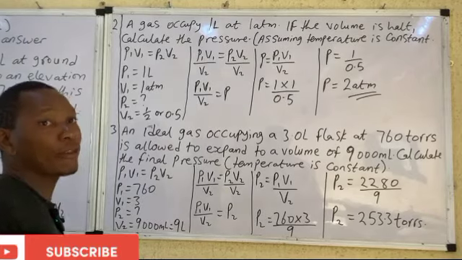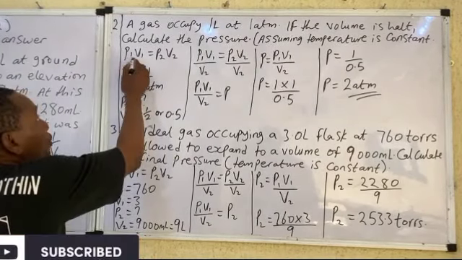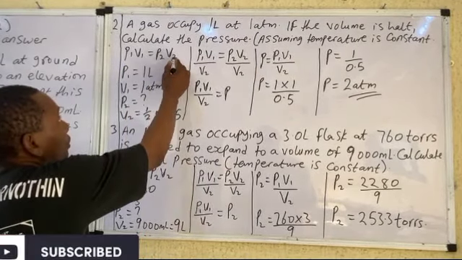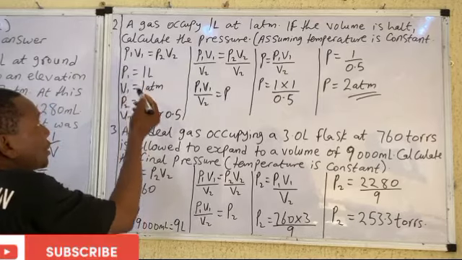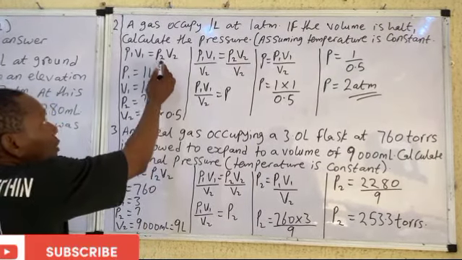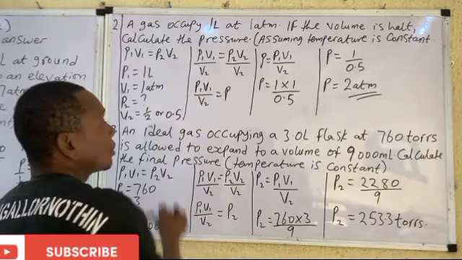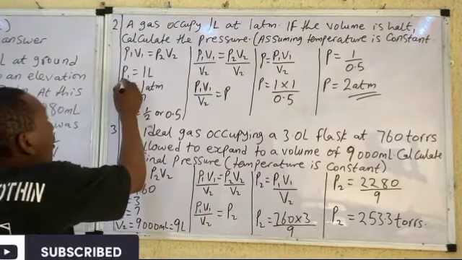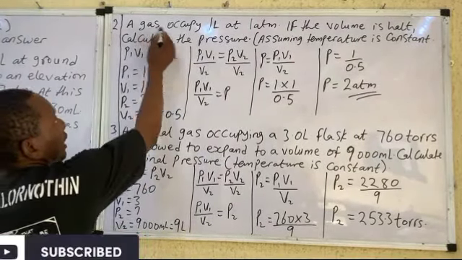So remember our formula in the first question. Our formula is P1 V1 equals P2 V2, and our P1 is the initial pressure, V1 is the initial volume, P2 is the final pressure, and V2 is the final volume. So the gas occupies 1 liter.